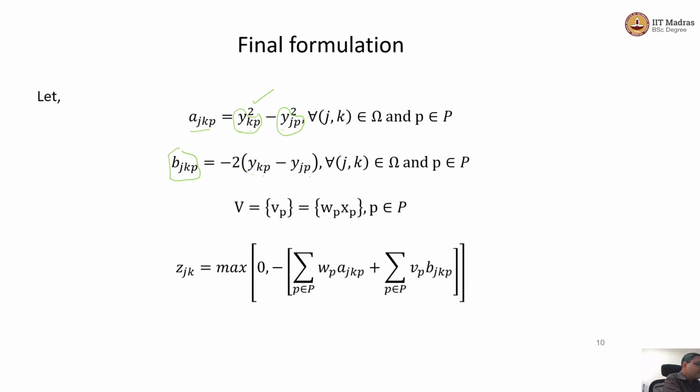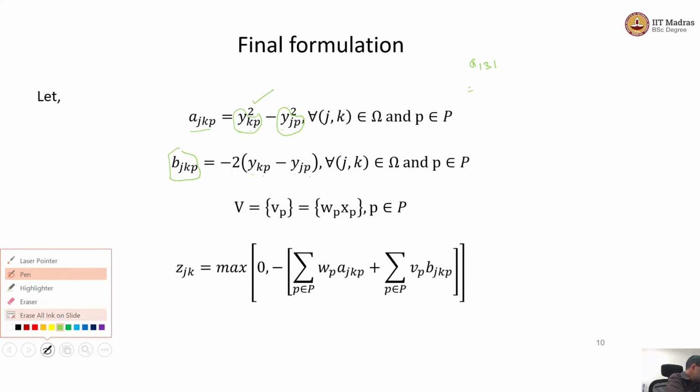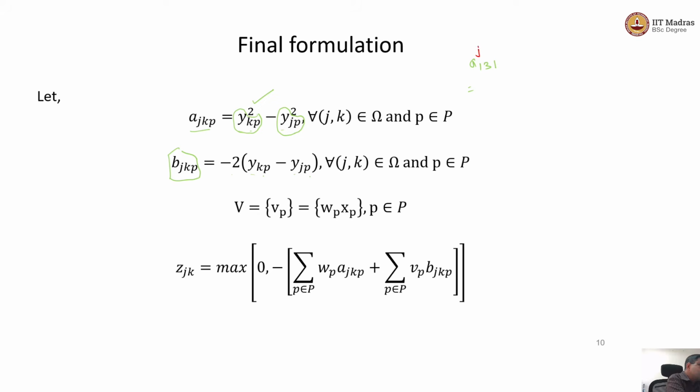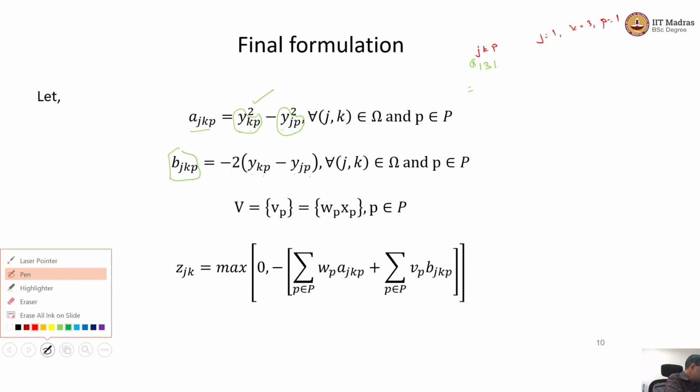For example, for our problem, let us say for the pair 1, 3, attribute 1, how will you calculate this? J is equal to 1, K is equal to 3, P is equal to 1. An A value will have to be calculated for each attribute.